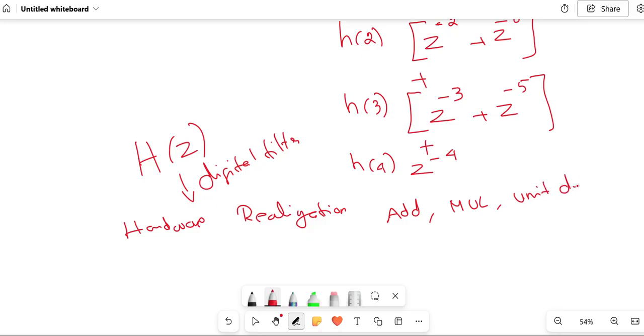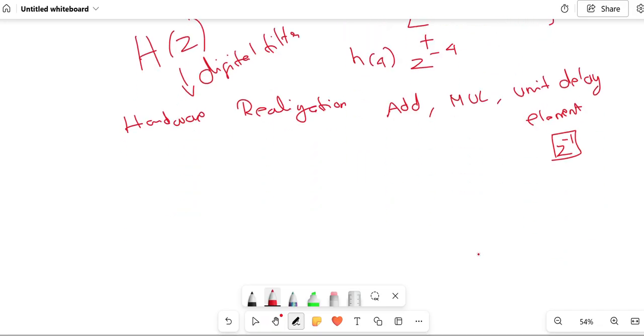These are the hardware components. Unit delay element is nothing but z inverse. So how to realize the system? I told you generally how to realize the system.